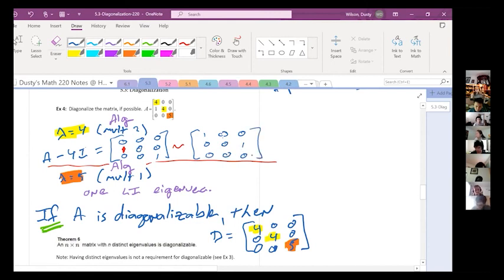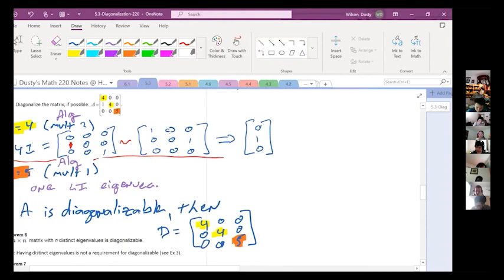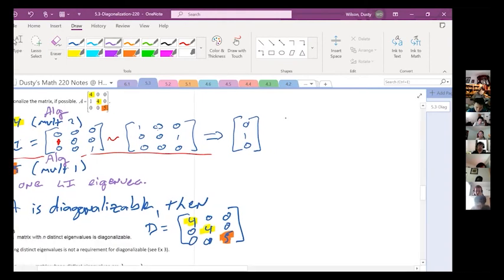How many columns without a pivot? There's only one column without a pivot. So you can already see what your answer is. Your one linearly independent eigenvector is going to be 0, 1, 0. So there's one linearly independent eigenvector in that particular eigenspace.